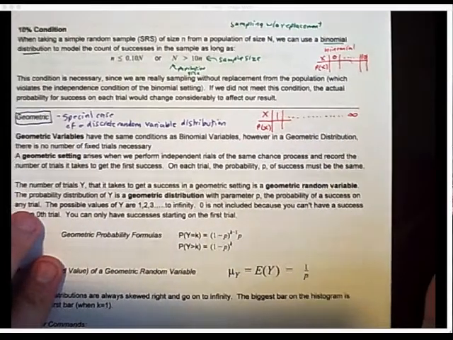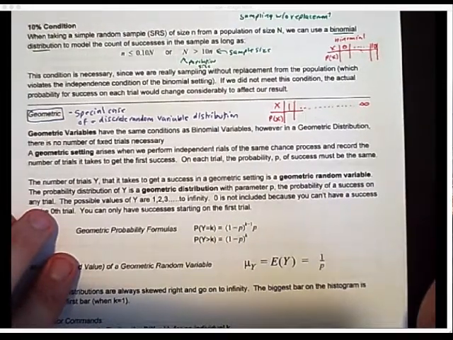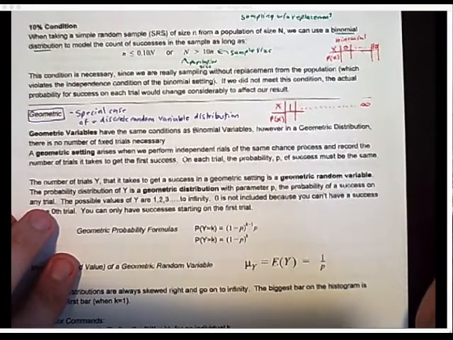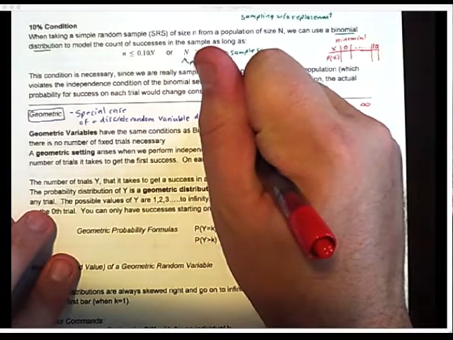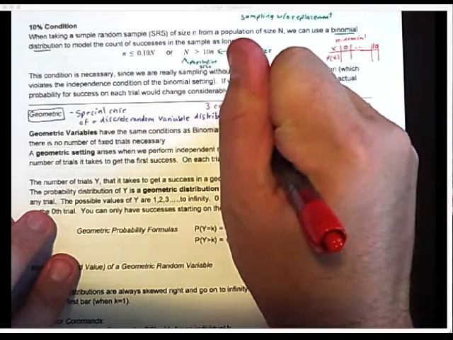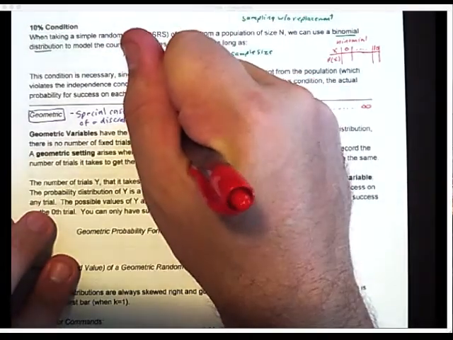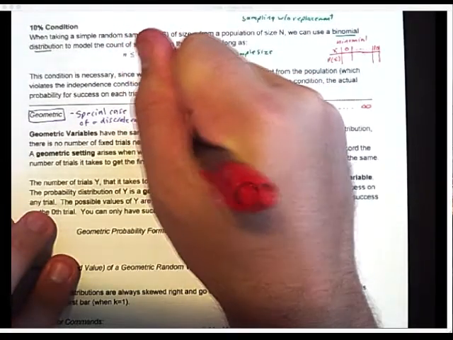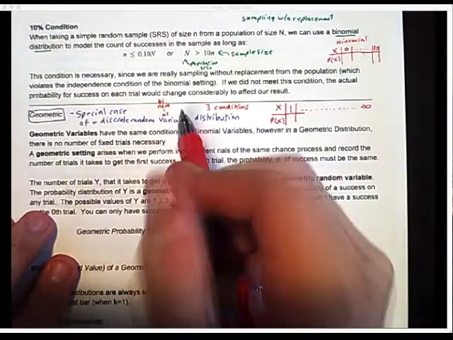So it doesn't have the same conditions as the binomial does. It doesn't have 4 conditions. There's actually only 3 conditions. If you think back to the binomial, the only one that's not valid anymore is the fixed number of trials.